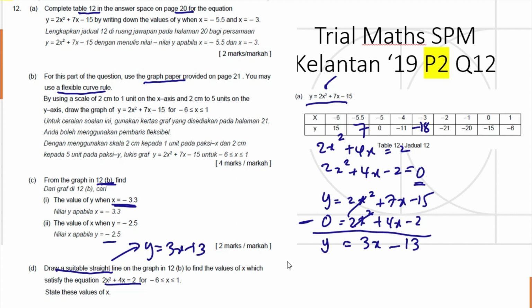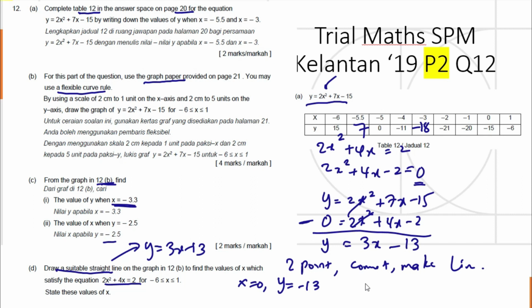Now we have to get 2 points so that we can connect and make a line. So you see here, when x is equal to 0, the y-intercept is y is equal to negative 13.